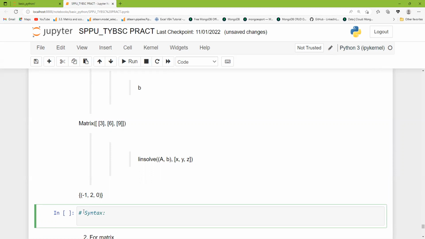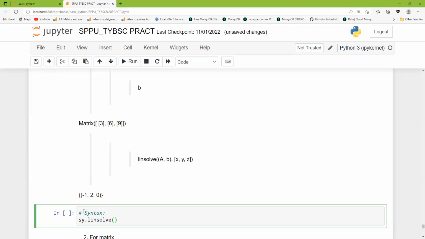Firstly, we have to give import sympy as sy. Then we can write sy dot linsolve, we are going to take sy dot linsolve. And in this linsolve you have to give the matrix or a system of equations.